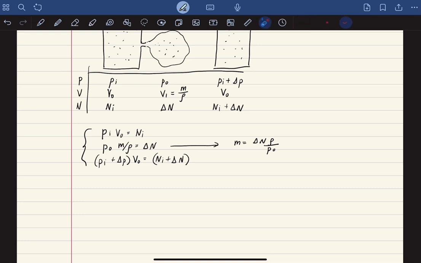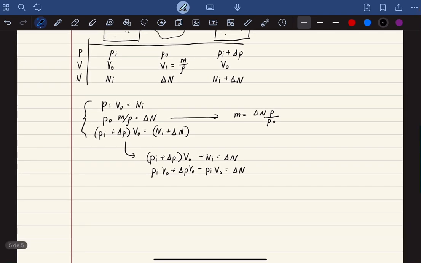We see delta N in the final equation, so solving for it: Pi plus delta P times V naught minus Ni equals delta N. And Ni we know from our first equation, Pi V0.